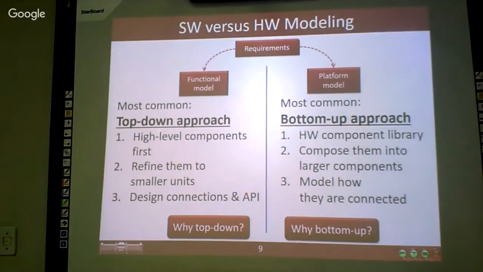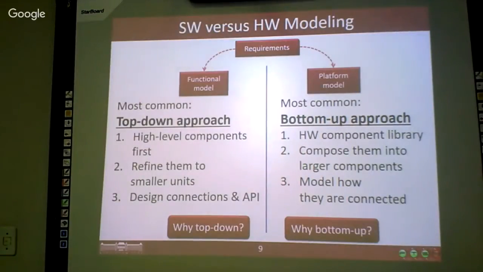Yeah, that's true. So for software and for high-level functions, at the beginning of a project you usually have some high-level goals that you have to reach. But when you want to model your platform, it is very rare that you develop everything by yourself. You usually have a collection of hardware and other elements that you have to rely on.